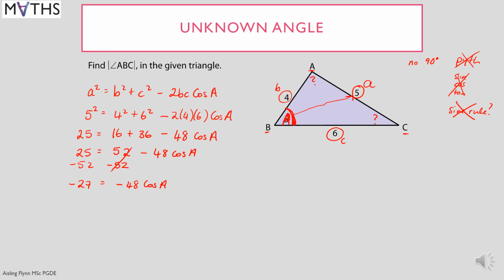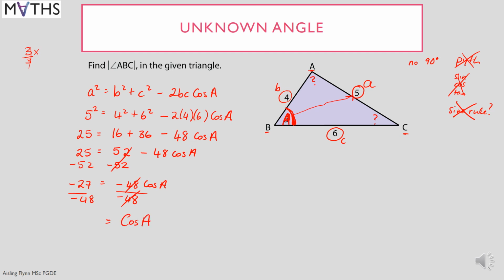The next step that you would always do, imagine if that cosine A is an x. If you had 3x, you'd always divide by whatever's beside it. Okay, so we're going to divide by minus 48 on both sides, because minus 48 divided by minus 48 is 1.